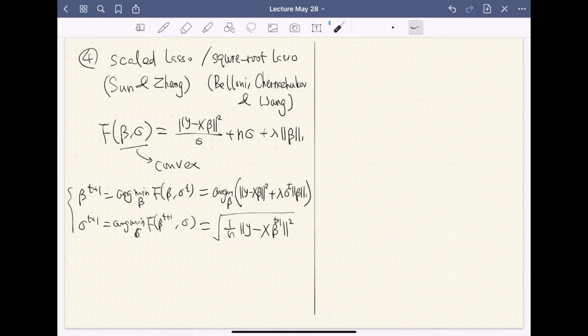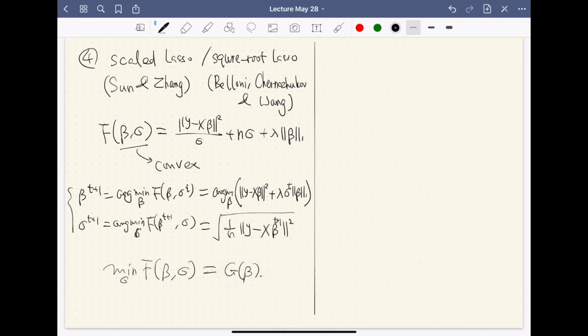But what is square root lasso, right? So square root lasso actually deals with this objective function. Okay, let's call it g of beta. Right, so if you minimize over sigma, then you can actually obtain a new objective function like this, right?